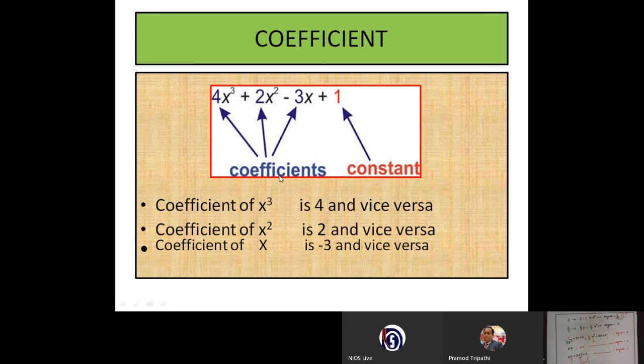The coefficient of x cube is 4, and vice versa: 4 is also the coefficient of x cube, and x cube is also the coefficient of 4. So both are vice versa here.